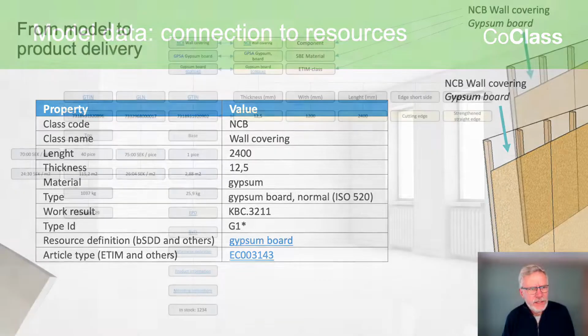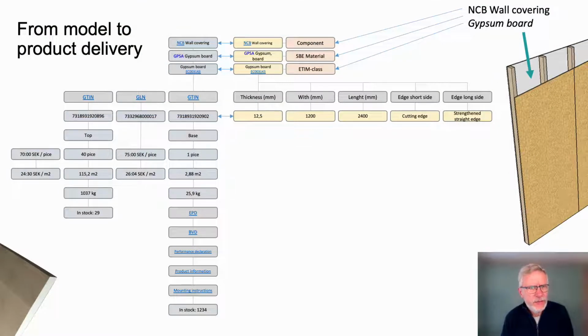And you can extend this even into the production phase. If you have decided that you need a gypsum board, you can then connect it. You can find actual physical products meeting your requirements for the width, the length, and so on. And once you find a product, you can have a lot of data then referring to that actual product. You have the GTIN number, the global trade number.